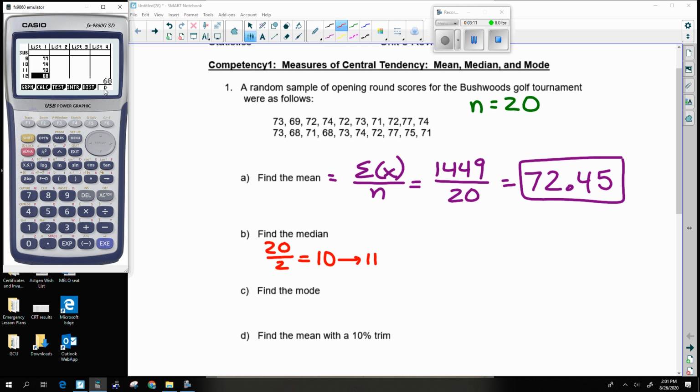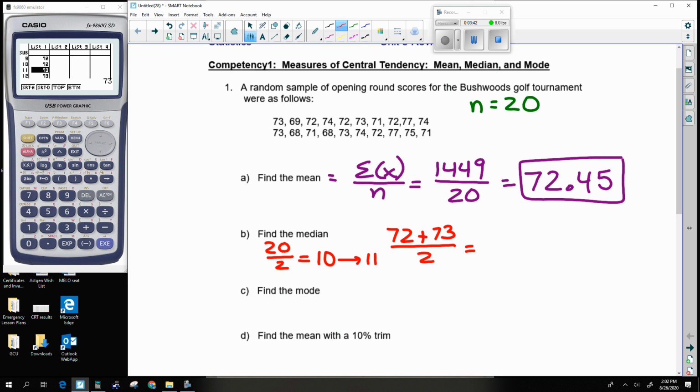All right, to do that, what I need to do is go to the tool option and sort ascending. How many lists? 1. Which list? 1. Okay, now that they're in order from small to big, I can see that the 10th number is 72 and the 11th number is 73.